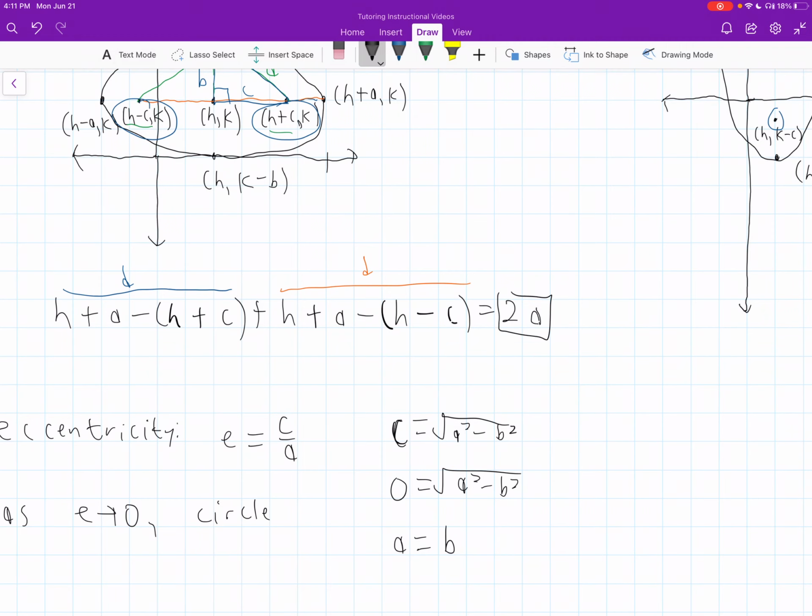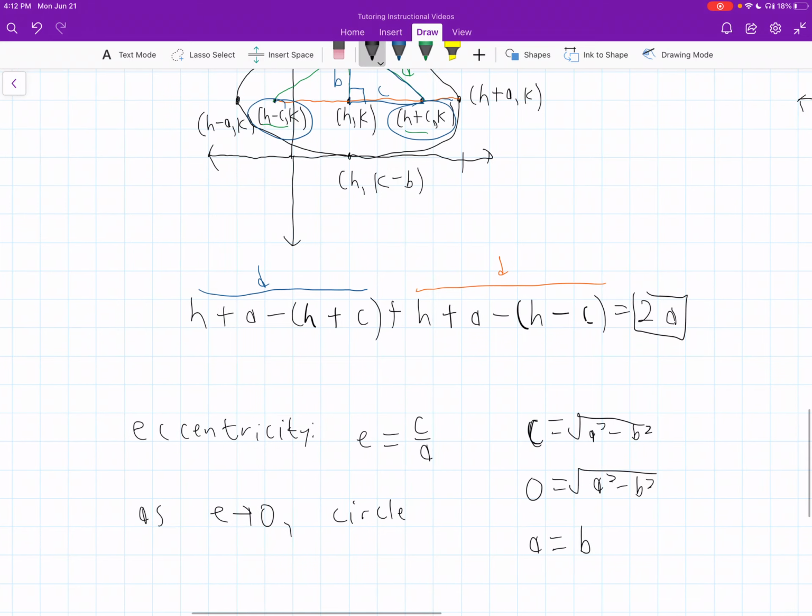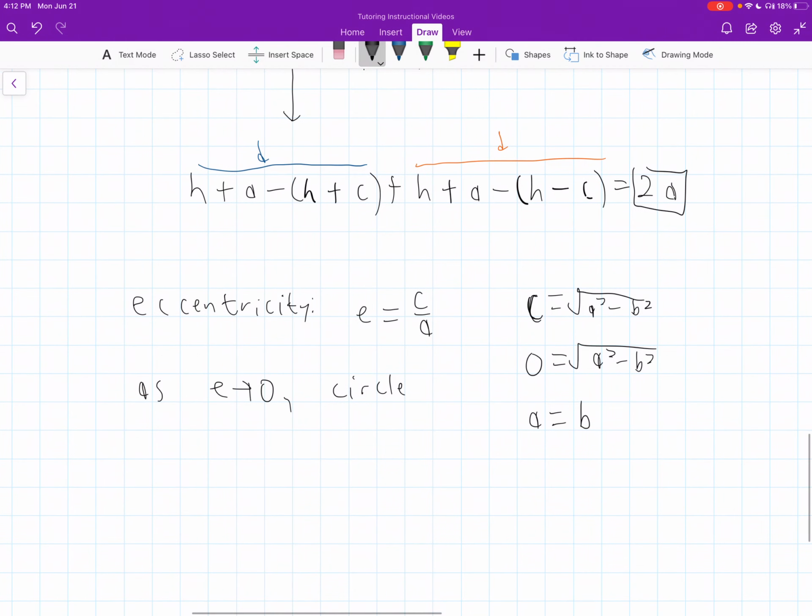Remember a and b have to be positive numbers, so we would have a equals plus or minus b, but they both have to be positive, so we can just say a equals b. And you may remember from video 1 on the equation of an ellipse that this implies that we have a circle. You could double check the beginning of that video. We discussed that before, so I won't go through that again.